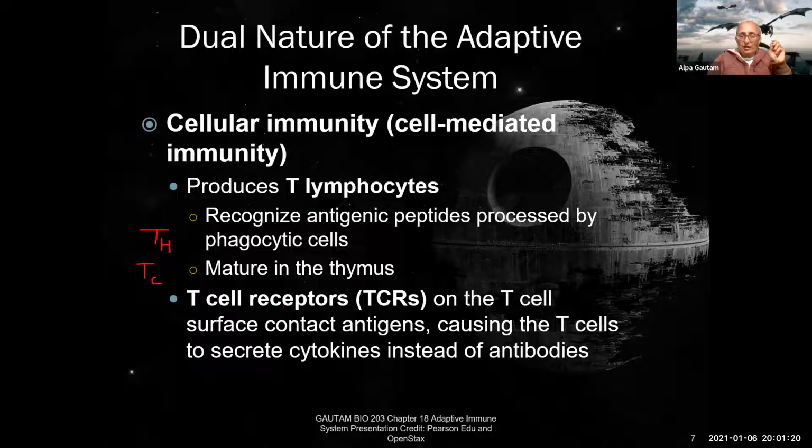The way these T cells work is much like the B cell. They have a receptor on them, except their receptor isn't an antibody. Their receptor is called a T cell receptor. What this T cell receptor does is it looks for a specific receptor that's on other white blood cells.